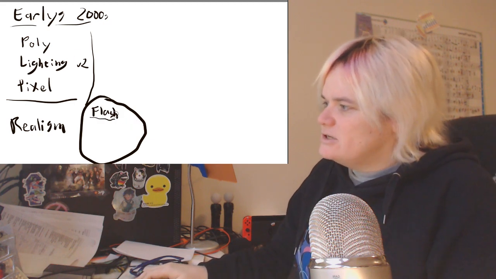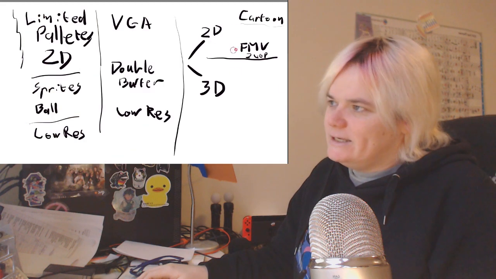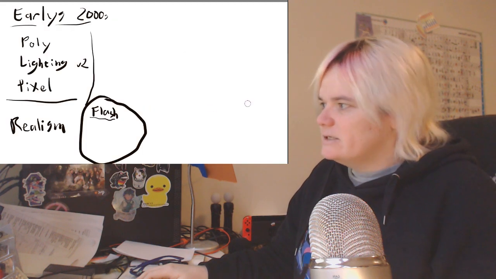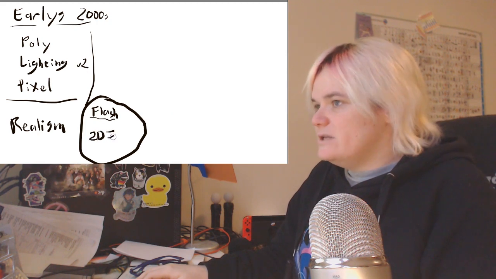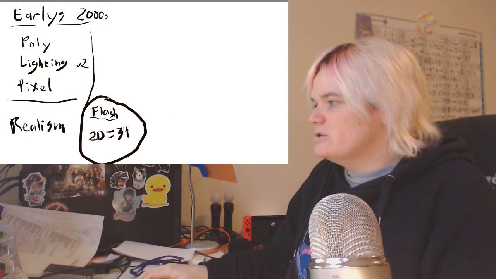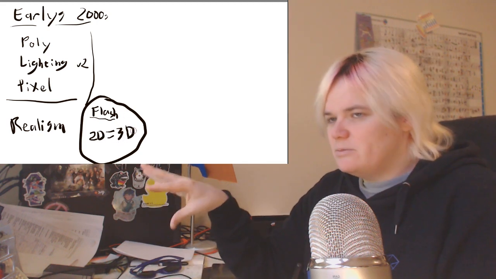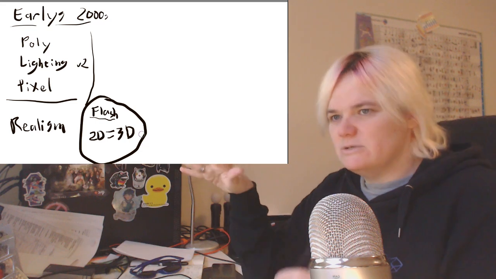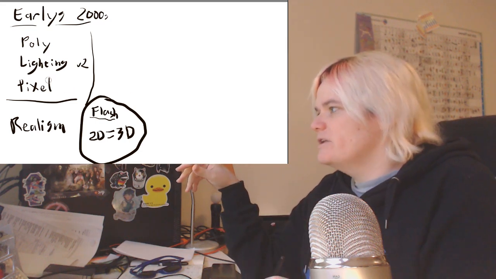With Flash in the early 2000s, by the way, the old 2D pipeline is now dying out. At this point, 2D is 3D, right? So you've got two-dimensional games using three-dimensional tech. And this is a very interesting bubble, because it will somewhat expand, but it'll stay away from our main thread of advancement.